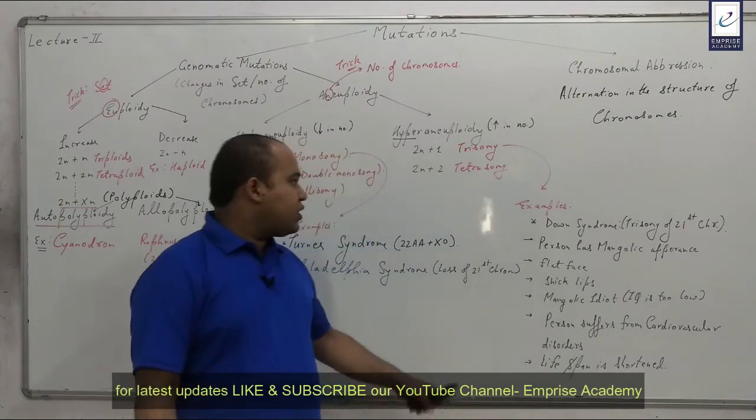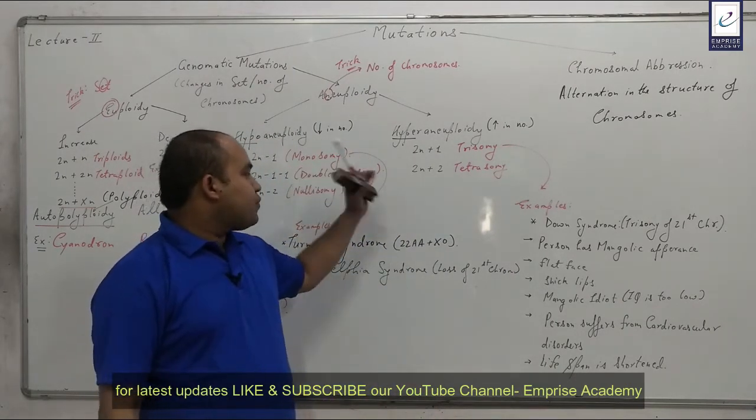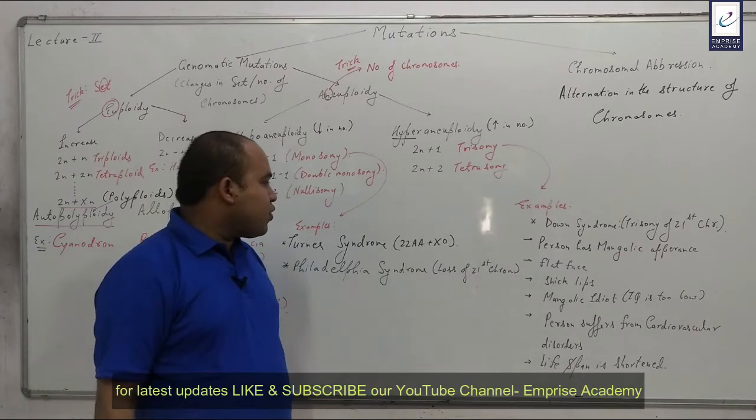These are the different characteristic features of Down syndrome.